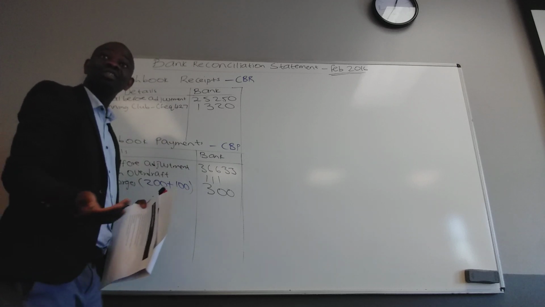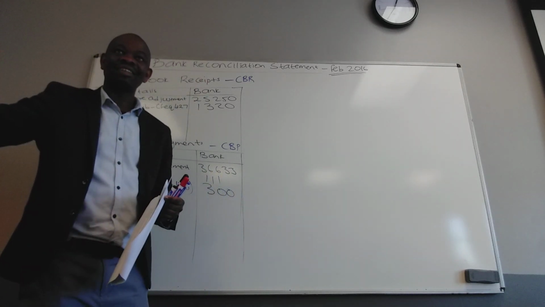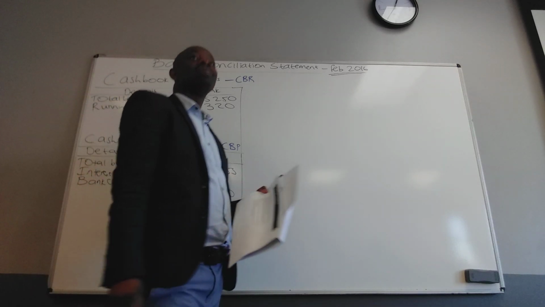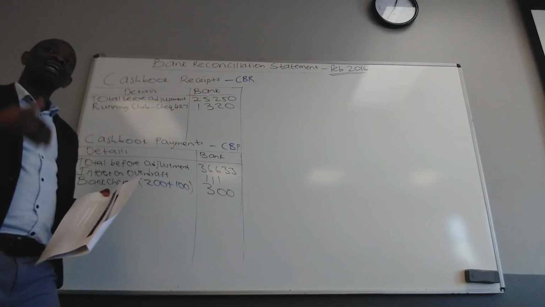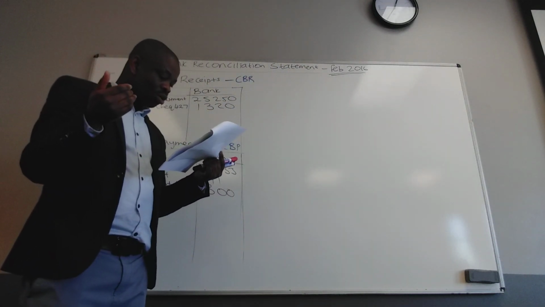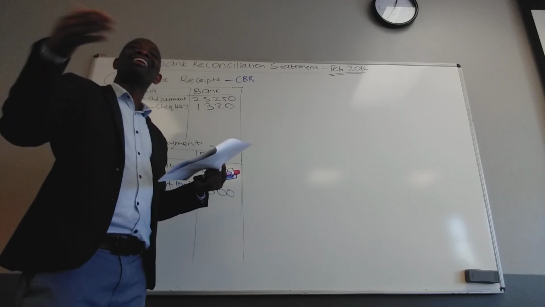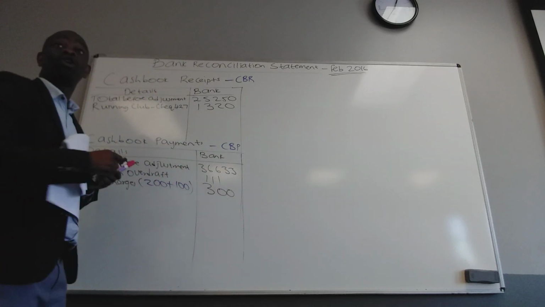So we need to choose CBP, because the error has been understated. Do we record the difference or do we record the 1950? The difference, because we recorded the other one already. It was recorded as 1590 instead of 1950, so we recorded less. So we must go to the same book where we understated and correct the error.